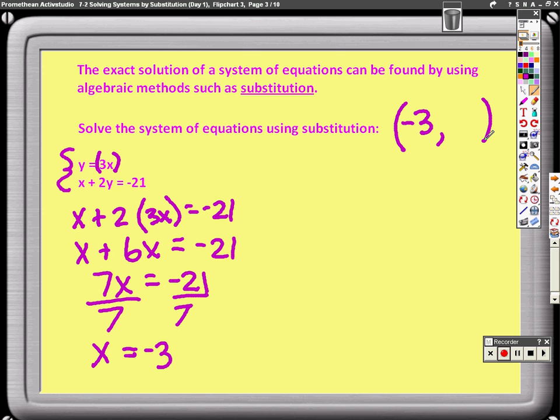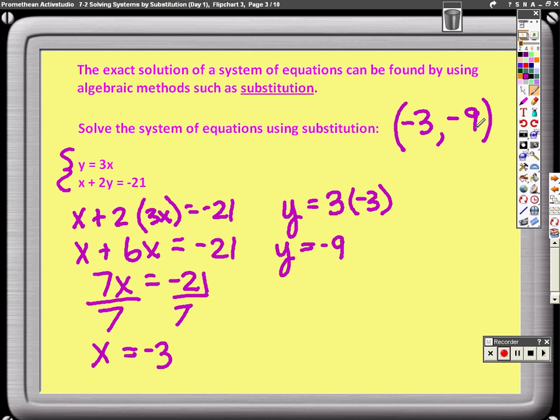Now I need to find out the value for y. In order to do that, I'm just going to substitute in negative 3 for x in that first equation. So I have y equals 3 times negative 3, which leaves us with y equals negative 9.